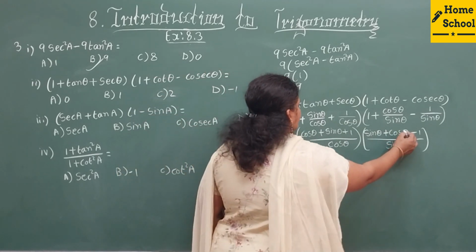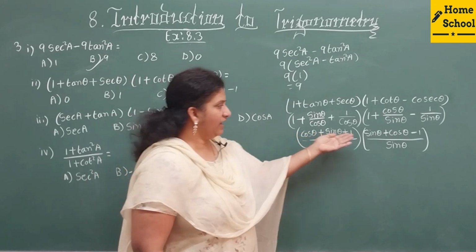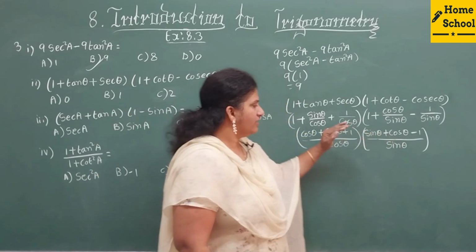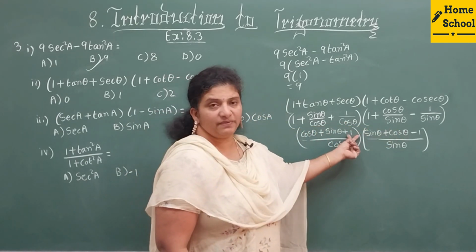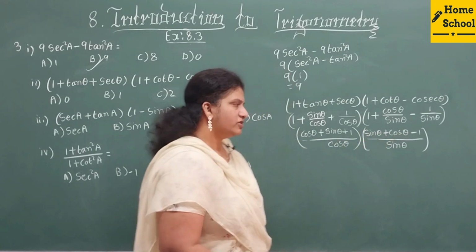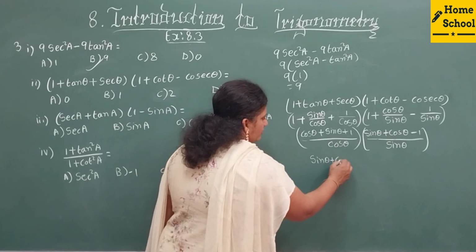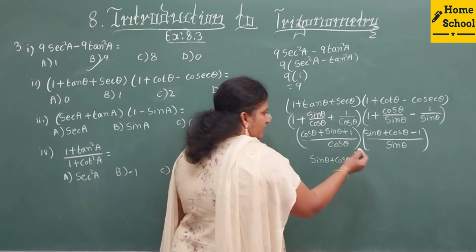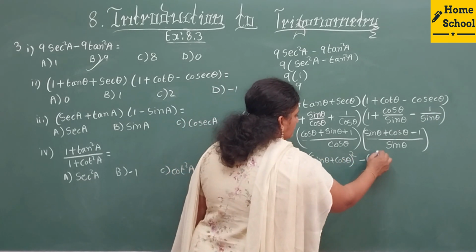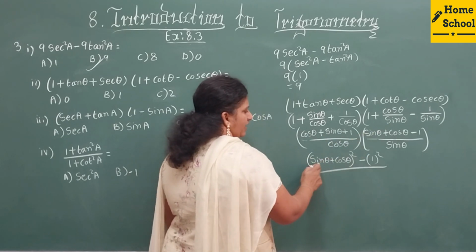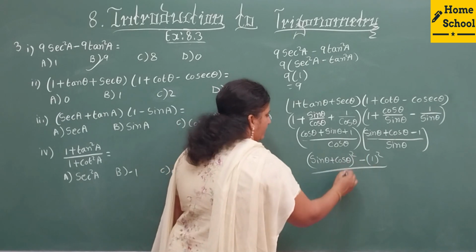Observe carefully here, children. I think it is looking like sin theta plus cos theta. Here also sin theta plus cos theta. So if I consider this as A and this as A plus B, A minus B, so write that one only. I will write sin theta plus cos theta. What is A plus B into A minus B? A square minus B square. In the numerator, if you multiply A plus B into A minus B, you are going to get A square minus B square.